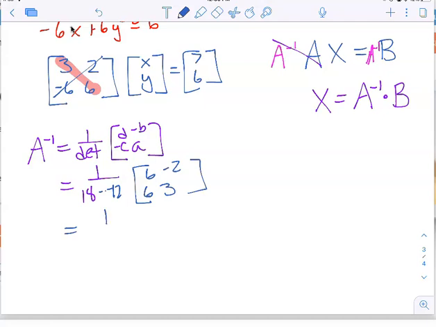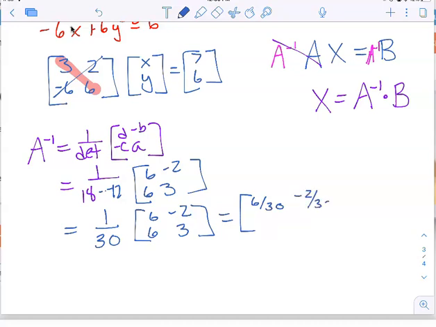So we have 1 over 30 times 6, 6, negative 2, and 3. So if we multiply this out, we have 6 over 30, negative 2 over 30, 6 over 30, and 3 over 30. So there's our inverse matrix.